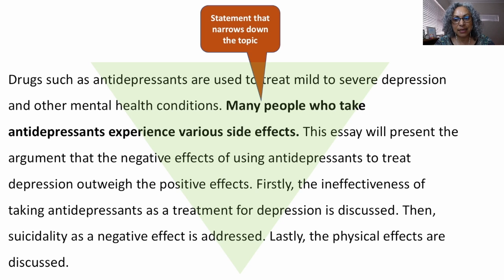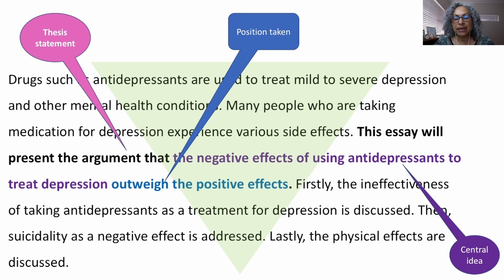It is in the next sentence that the focus or the central idea of the essay is identified very clearly. What is important to note is that this sentence also points out the position being taken, that the negative effects outweigh the positive effects.